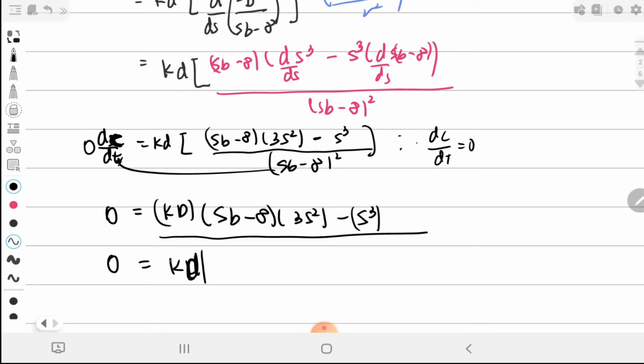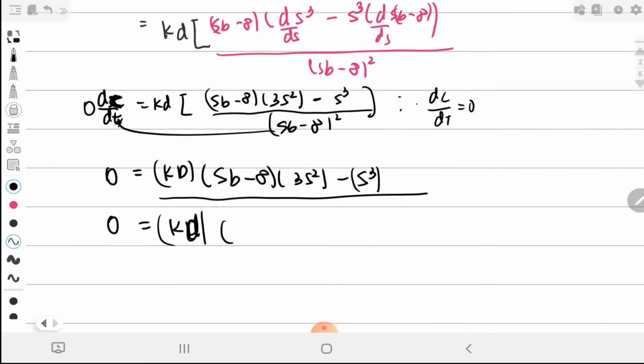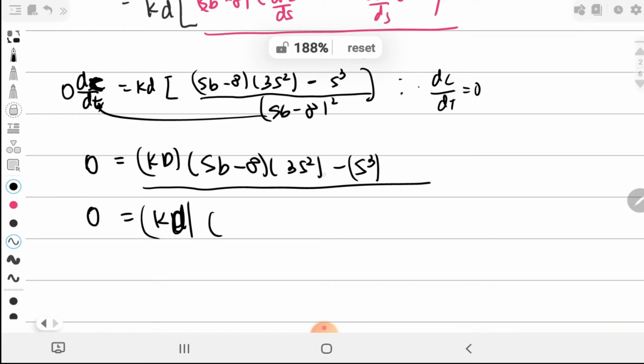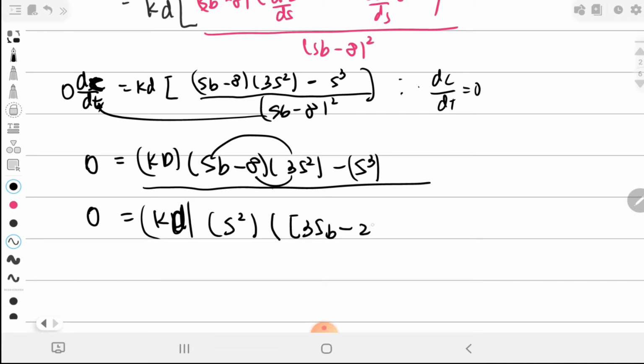KD multiplied by, let me factor out S squared, S squared multiplied by 3SB less 24.